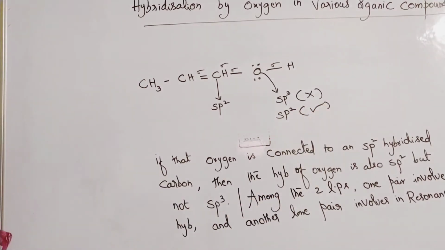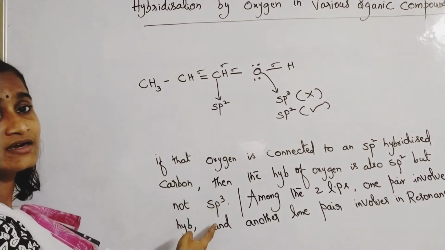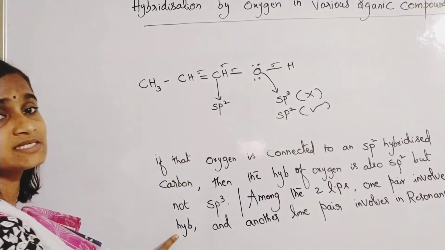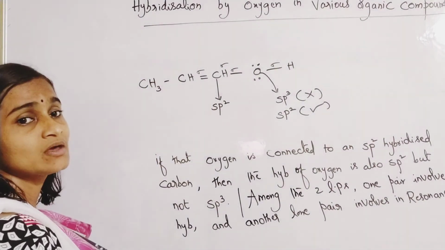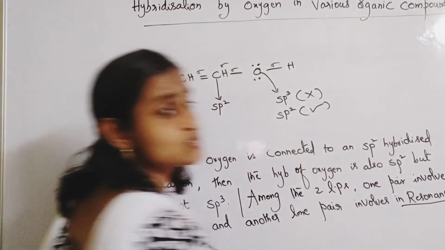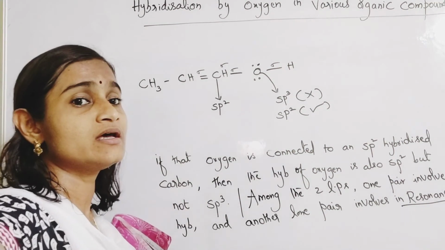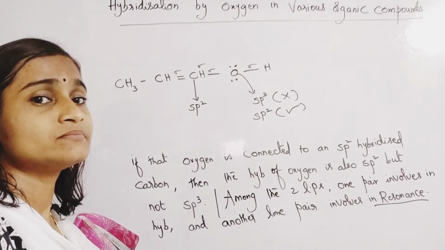Why? Because out of the 2 lone pairs, please remember this point which is written down, it's not yet rubbed. Out of the 2 lone pairs, one pair involves in hybridization and another lone pair involves in resonance.